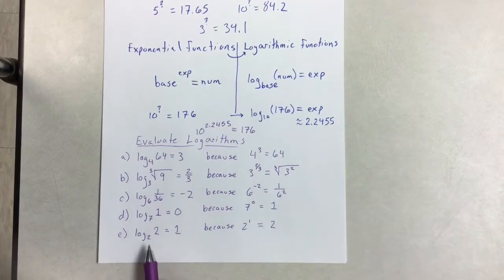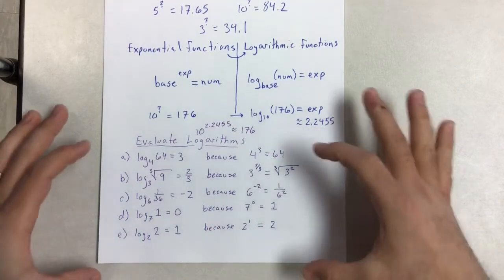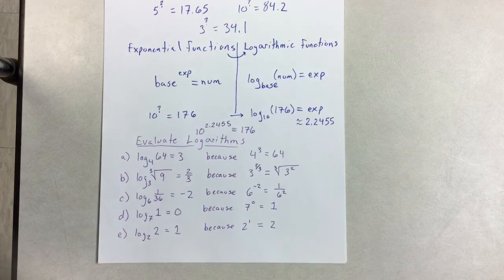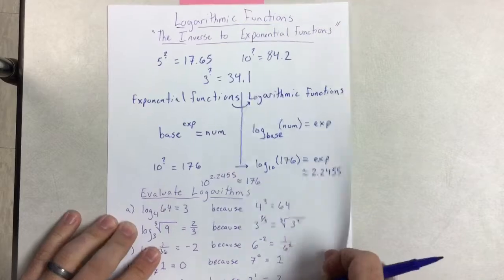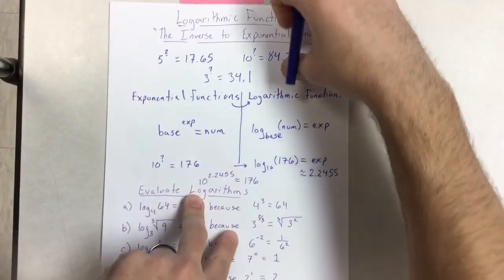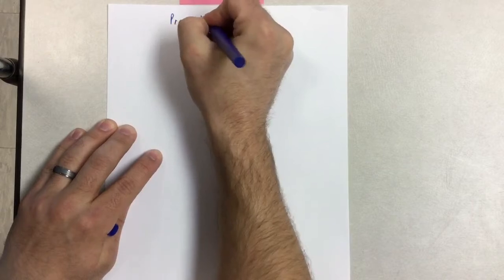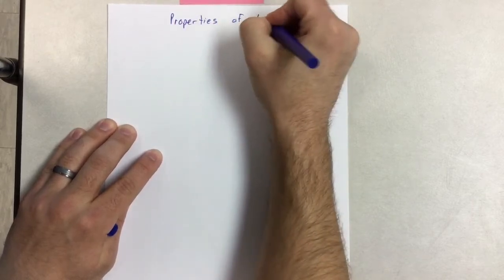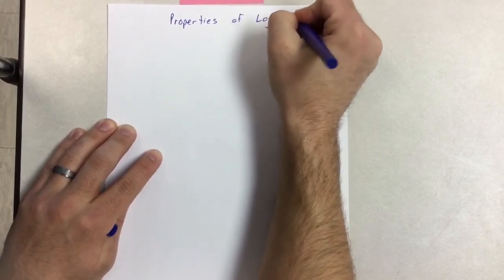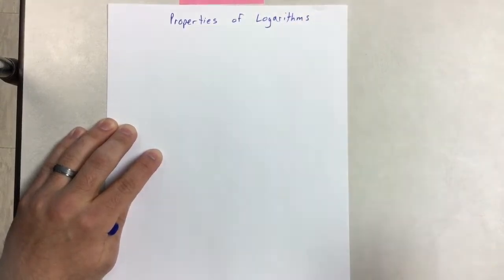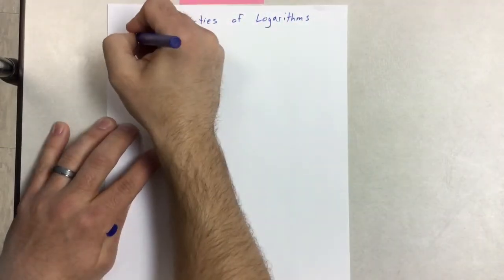So the whole idea is understanding base, exponent, and number. Let's take these examples and translate them into more general properties that we're going to be looking at further in this video and others. These are just basic properties of logarithms. The first property is one that we saw.